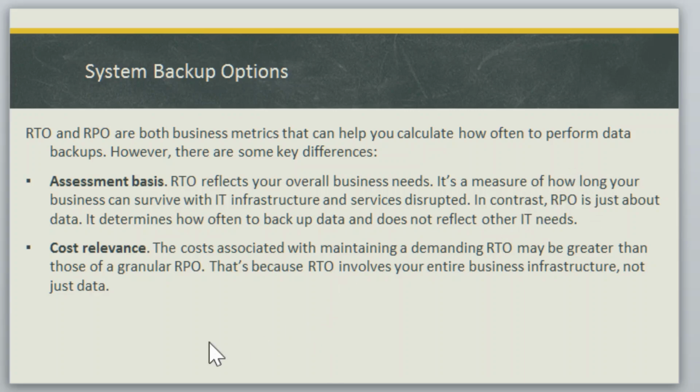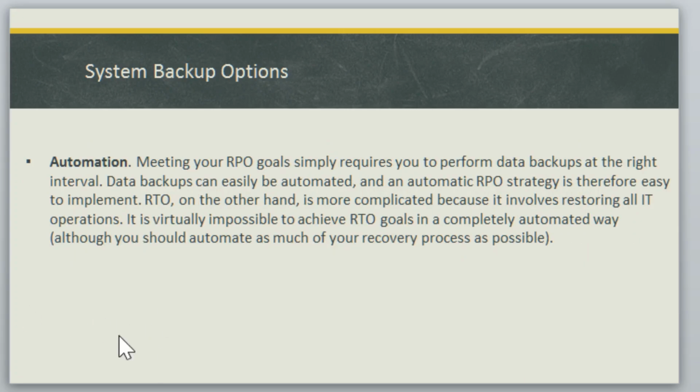Okay? So we also have to look at cost relevance. The costs associated with maintaining a demanding RTO may be greater than those of a granular RPO. Okay, and that's because RTO involves your entire business infrastructure and not just data. Again, RTO takes into account other IT architecture aspects. RPO is all about how much data can be lost. We also have to look at automation for these backups.